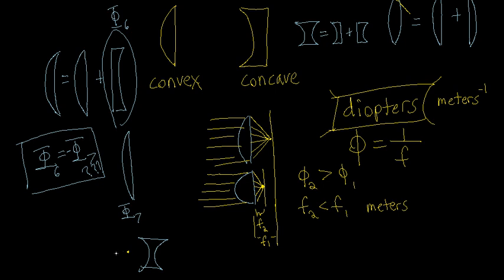It means this. If we have an object over here, and we've got light coming to the lens, then I kind of lost my focal point. Let's draw that in red.